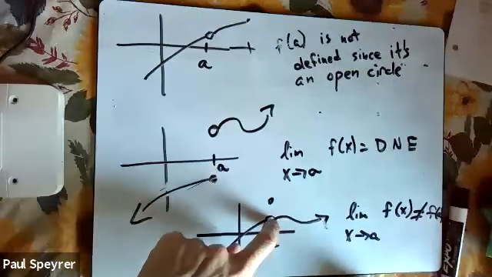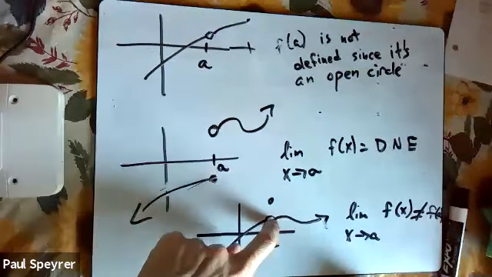You would make a t-table and choose values smaller than -2 and bigger than -2, and see where they're going. There are no algebra tricks we can do like we did with those limit problems from 2.3. So you'd make a t-table. I'll leave that up to you guys.